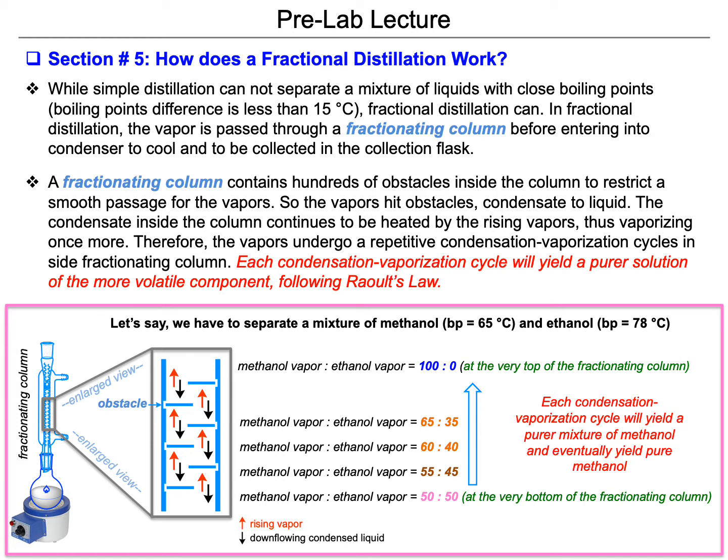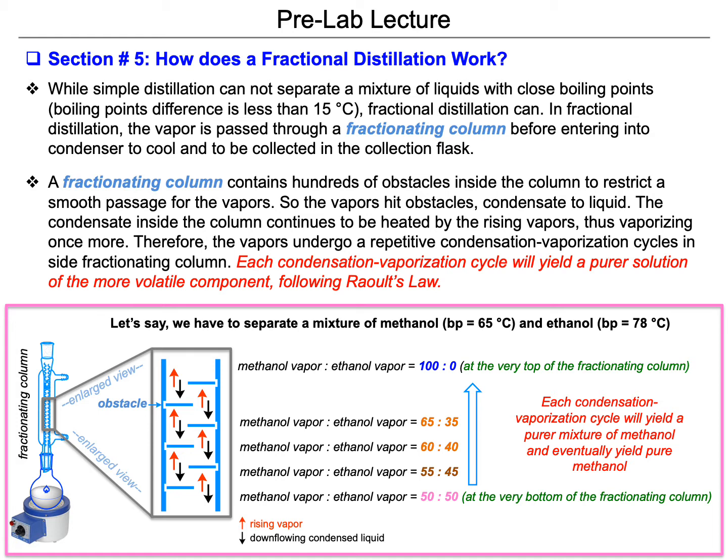We cannot separate the mixture with close boiling points in simple distillation, but it is resolved using fractional distillation, because vapor is passing through the fractionating column before entering the condenser, to cool and be collected in the collection flask. As you see, inside the fractional column there are hundreds of obstacles, which restrict a smooth pass for vapor.